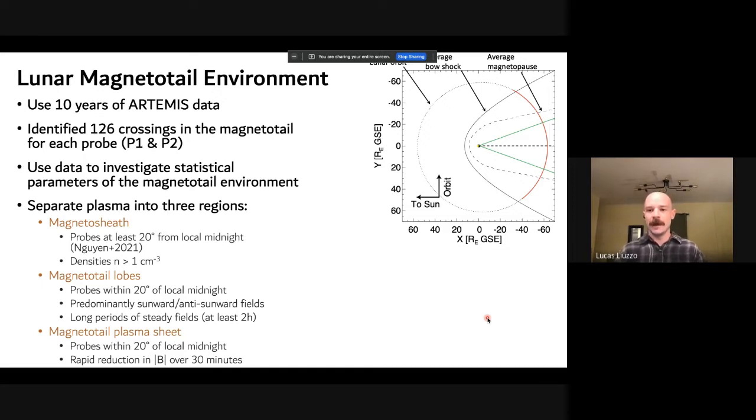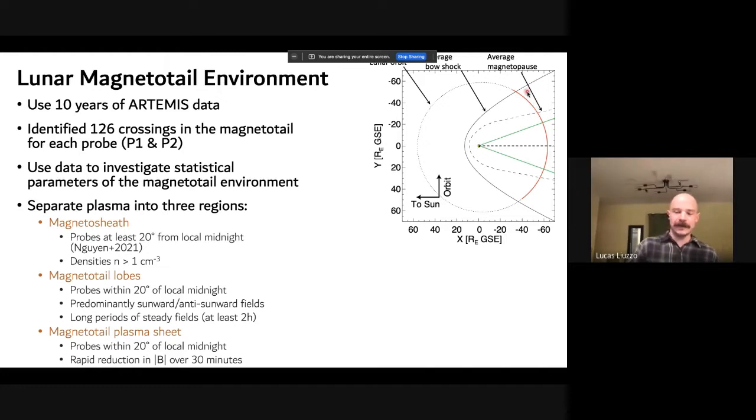the magnetosheath. To define the magnetosheath plasma population, we require in our data set that the moon was located at least 20 degrees off of local midnight. So this 20-degree angle here, this whole cone here is 40 degrees.